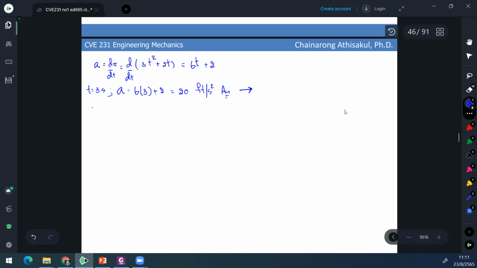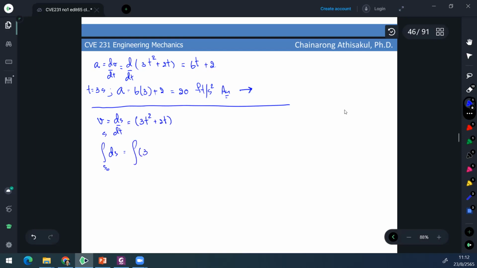And when we would like to determine the position, we use the kinematic equation v equals ds by dt. We know the function of v is 3t squared plus 2t. So this means that we integrate ds from s0 to s equal to the integral of v dt.